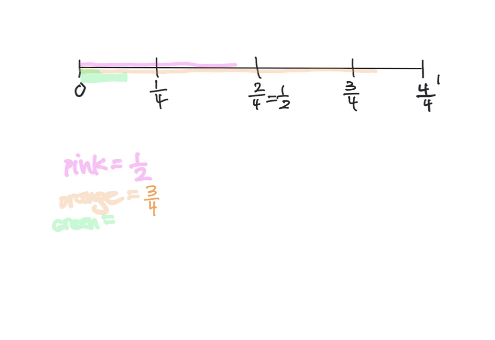However, I can take a look and say, all right, half of 1/4 is going to be 1/8. And when I look at 1/8 and I look at the green line, my green line is about 1/8 of my whole. And that's how we use benchmark fractions to write and explain mathematical reasoning.